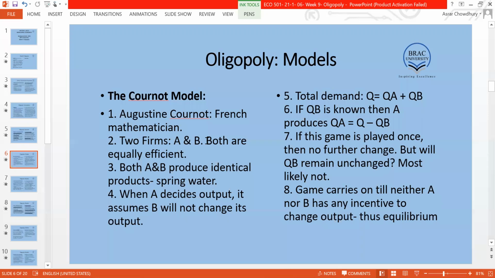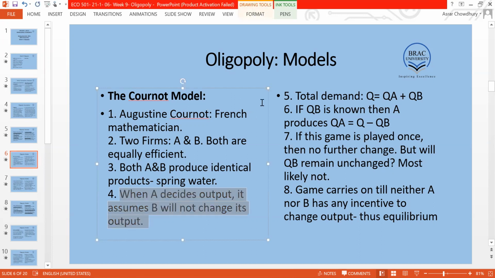Okay, now how was modeling done in this context? When A decides how much water he will produce, he assumes that B will not change his output. This is the assumption; we'll find that this is a very bad assumption. If the total demand is Q, then QA is A's output and QB is B's output.